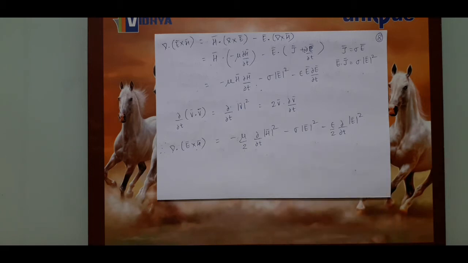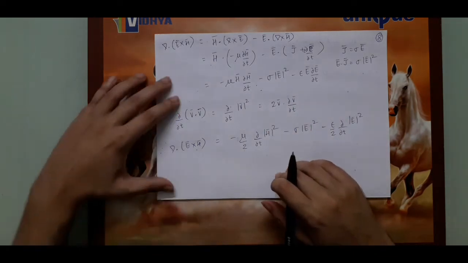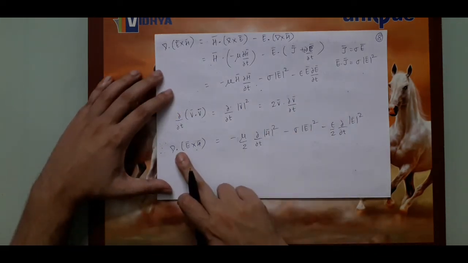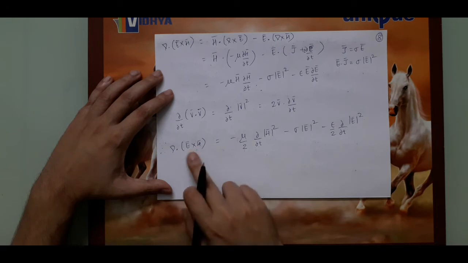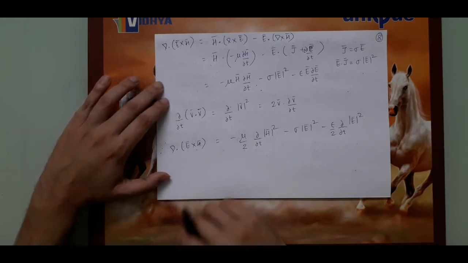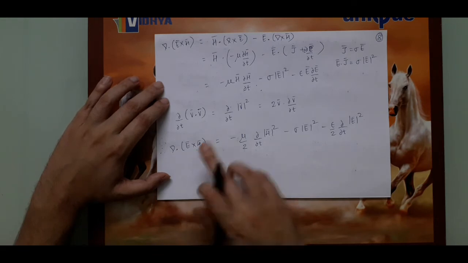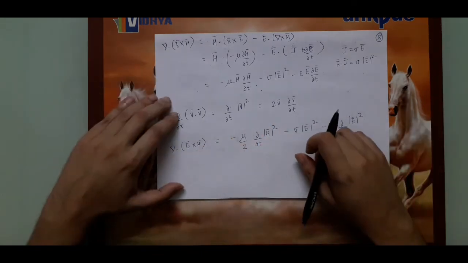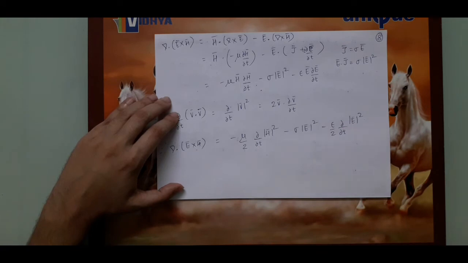Now, what we are seeing is, by calculating the divergence of the E cross H vector, we are getting some quantity in the differential form.